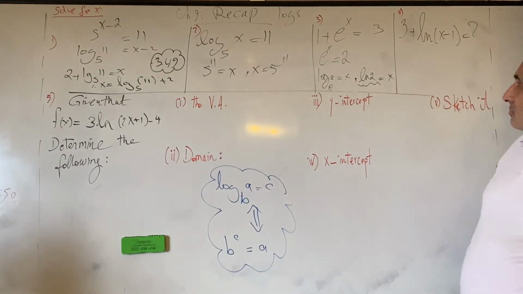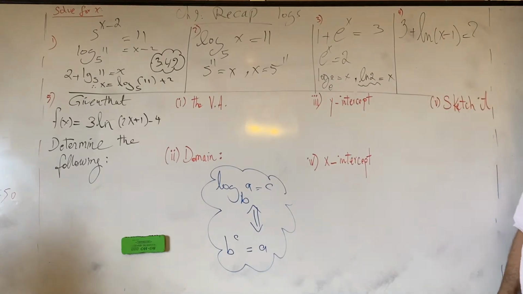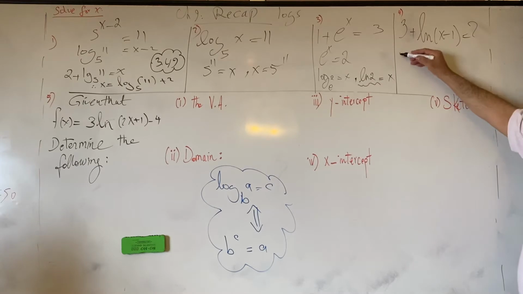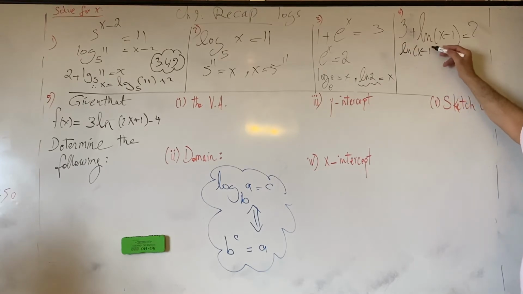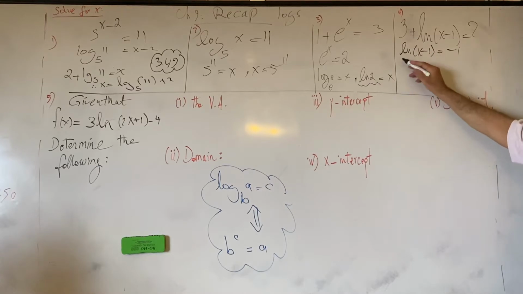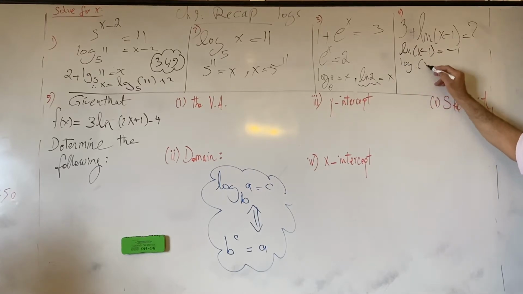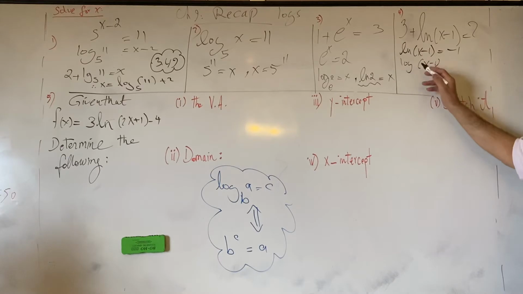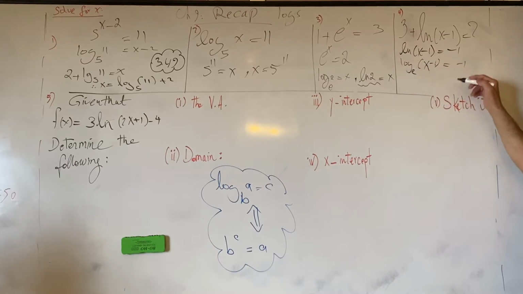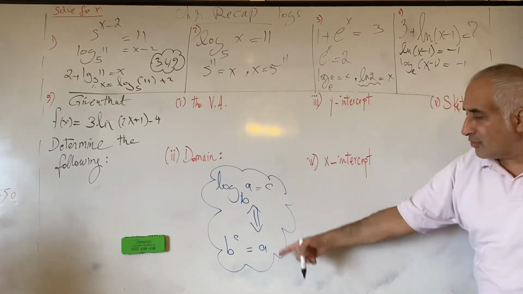Leave it. How about that one? It's in logarithmic form. Take the 3 over there. ln of x minus 1 equals 2 minus 3, which is minus 1. But don't forget, the ln means log to base e. So, you are standing here, you want to go down there.